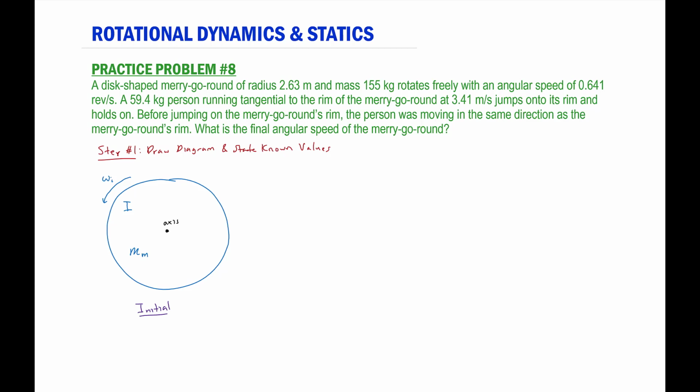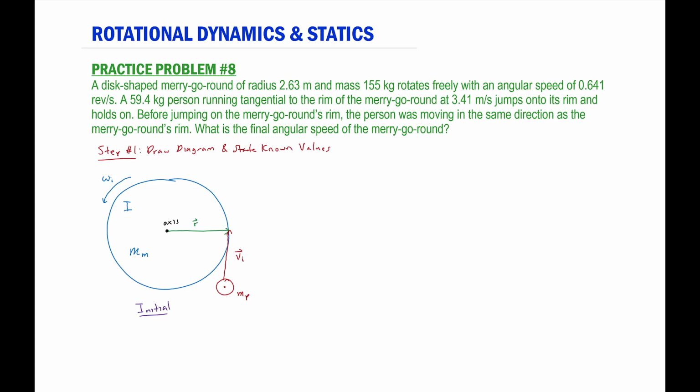What else can we label? We know we have some sort of radius r, and also there is a person that's running at the merry-go-round and wanting to hop on at an initial speed of vi. So let's say the mass of the person is mp.